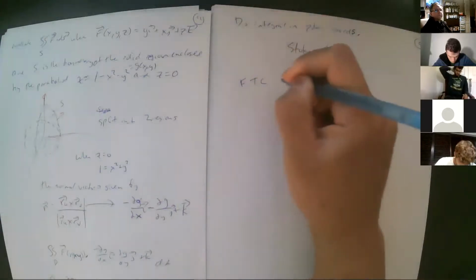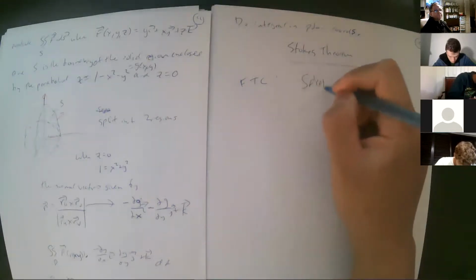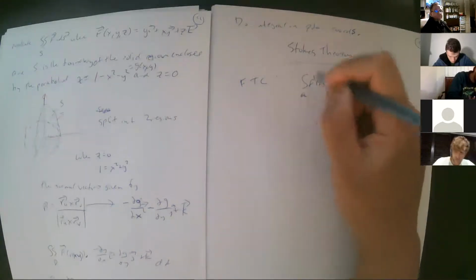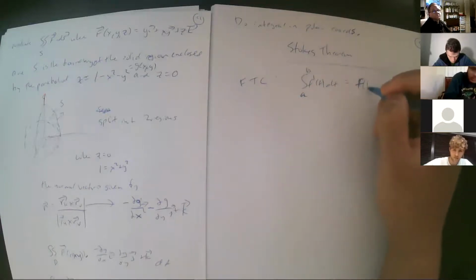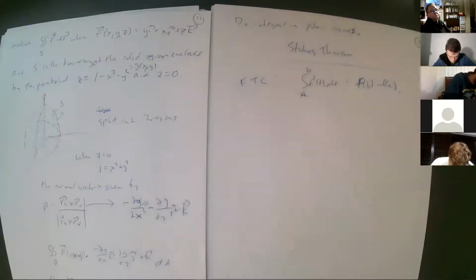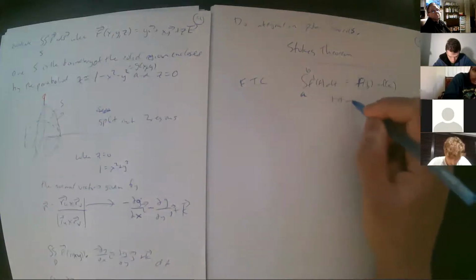It says the integral of f prime of t dt equals f of b minus f of a. Right? So this is one dimensional, flat.